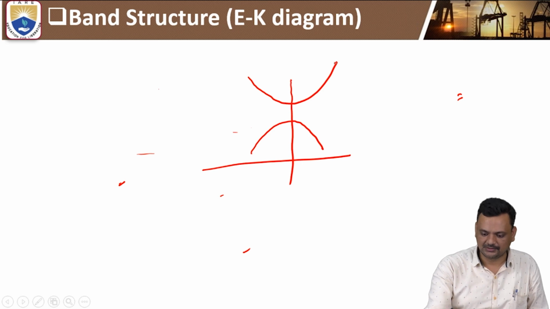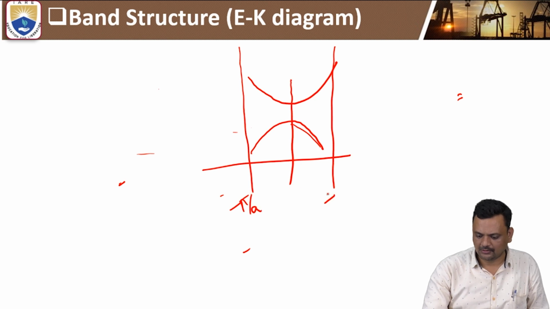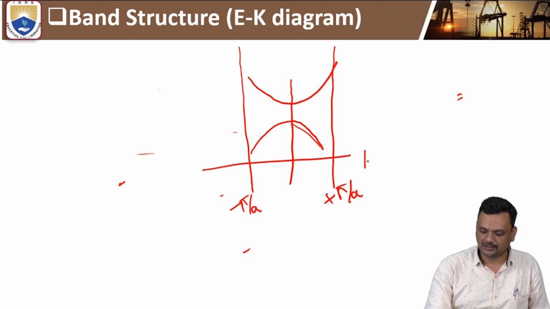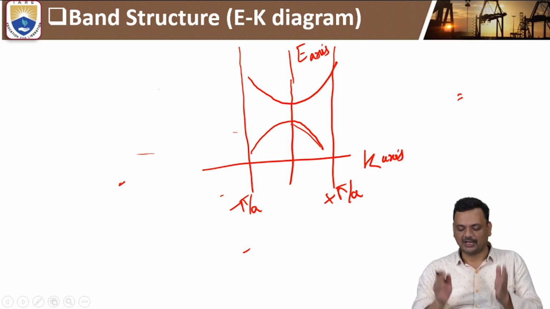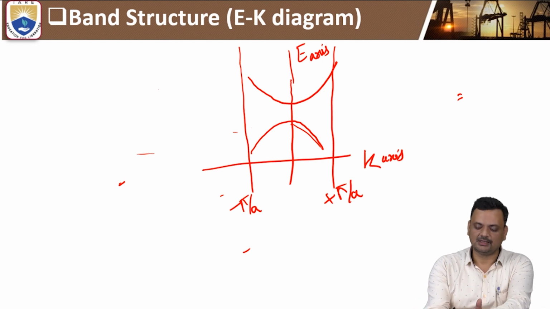Okay, this is from minus pi by a to plus pi by a. This is your k axis, this is your E axis. That's why in many contexts you see only this diagram.